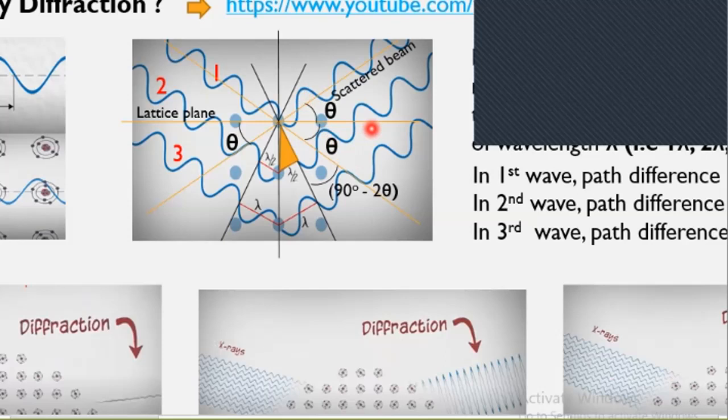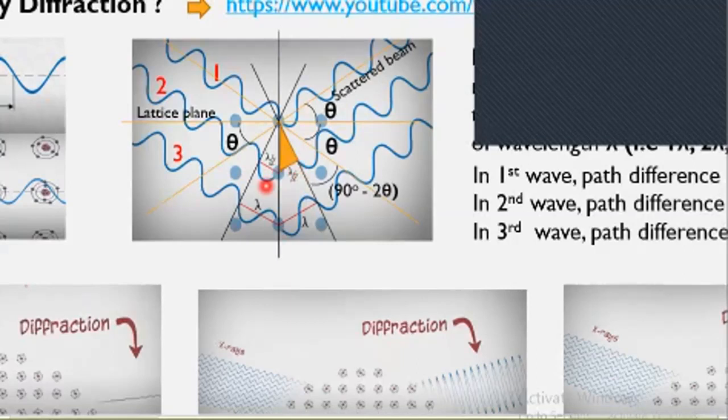That is why it is important to have a path difference of a whole number of wavelengths. So just like here, we can see in wave 2 half of the wavelength is covered by the incident beam and half of the wavelength is covered by the scattered beam.